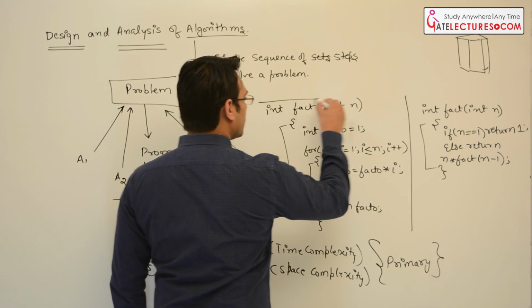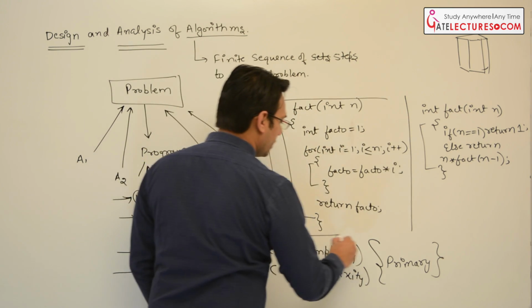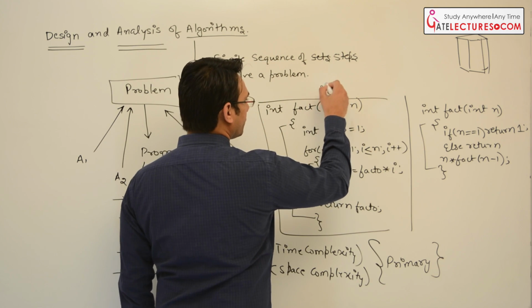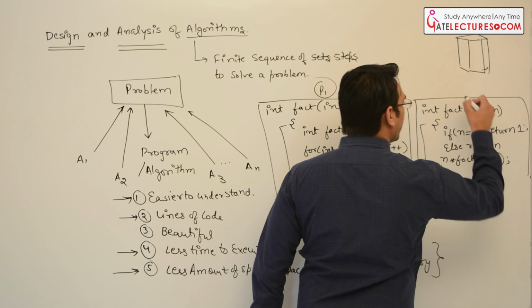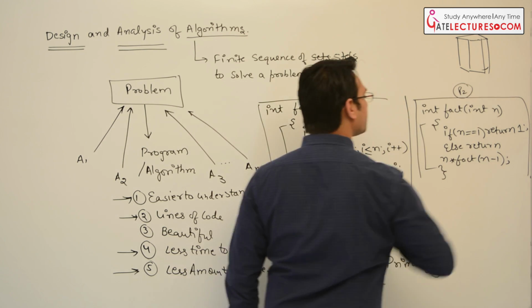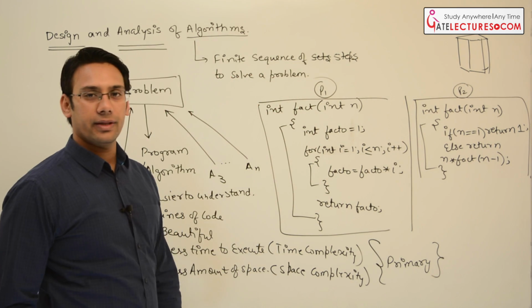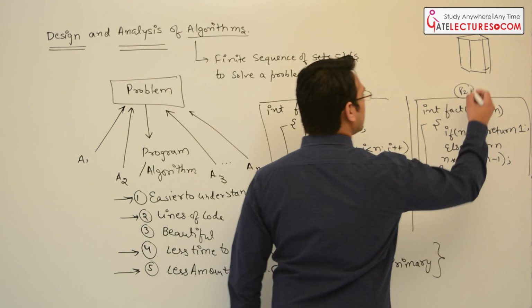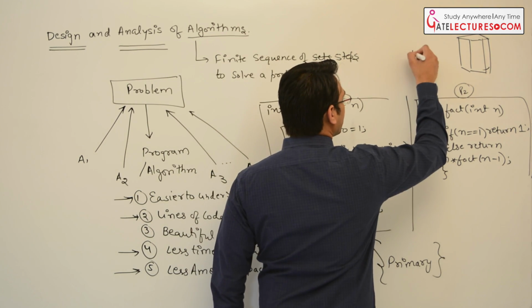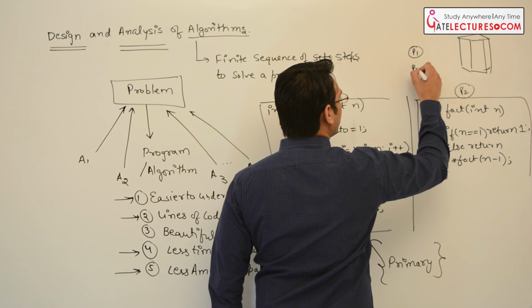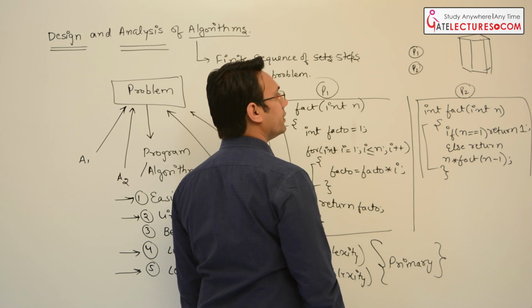And this complete is the program P1, and this complete is the program P2. Now I am saying this is my system, and I am executing this program P1, and we are also executing the program P2.